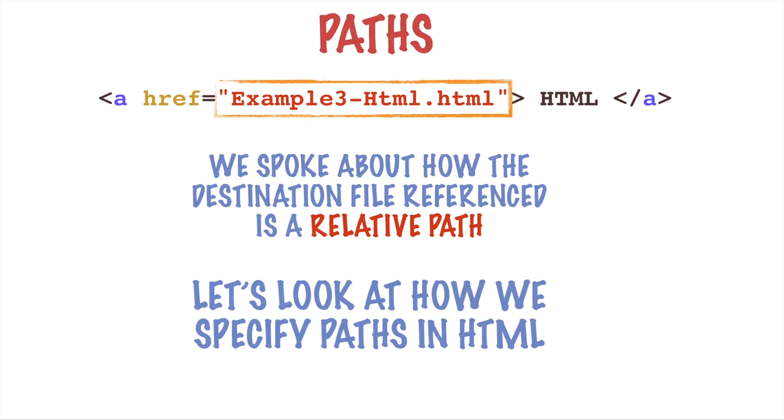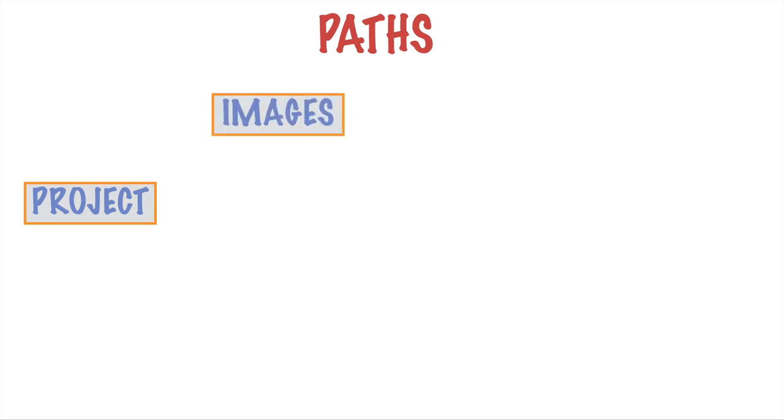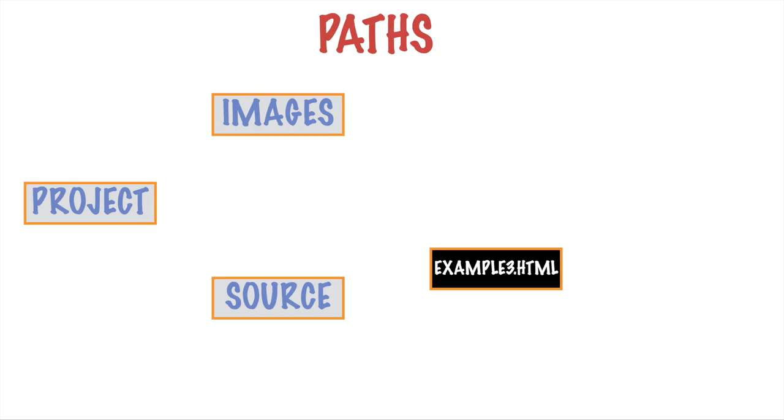Let's consider the structure of a fairly typical web project. The HTML and CSS in a fairly typical web project would be laid out somewhat like this. We would have a folder containing all of our web code. Let's assume that it's called project. Within this, we divide into two further directories, one containing the images and the other containing the source, or the HTML files.